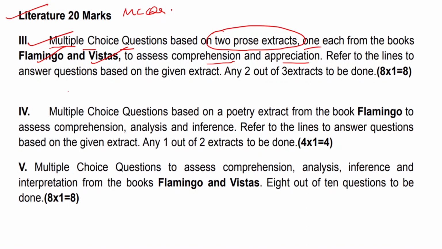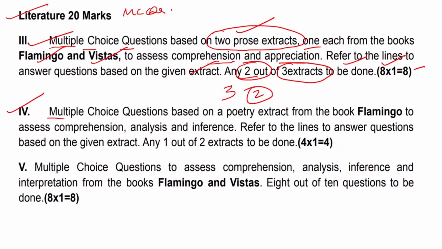Refer to the lines to answer questions based on the given extract. Any 2 out of 3 extracts to be done. So you will be asked 3 extracts and you have to answer any 2. 4 marks each, means 8 marks. It is a prose-based extract.